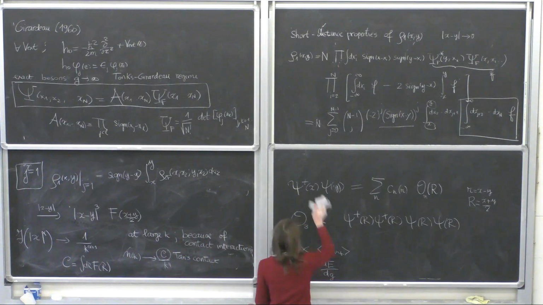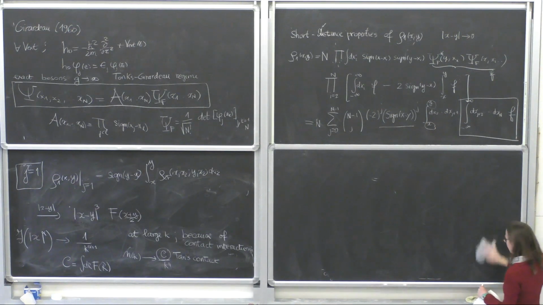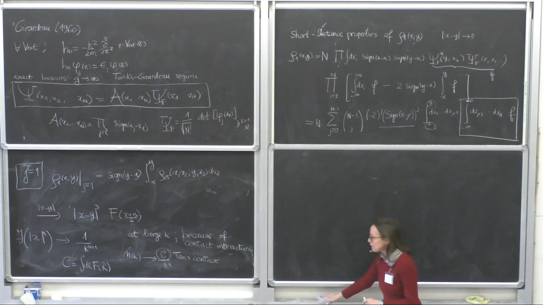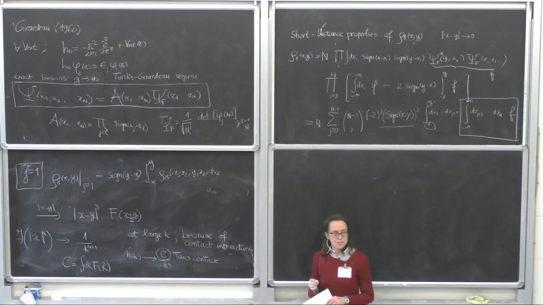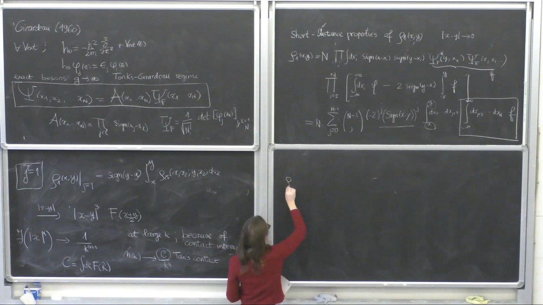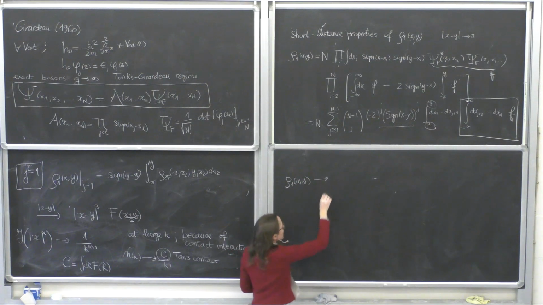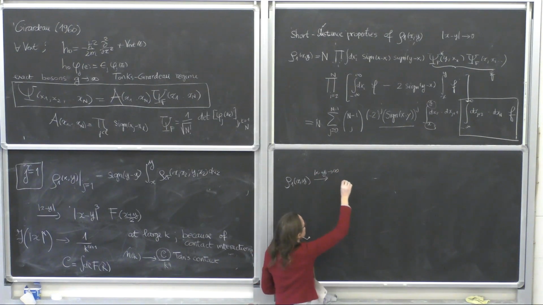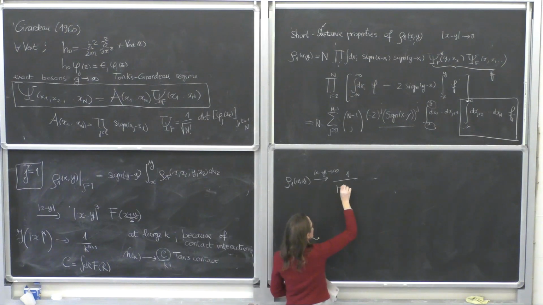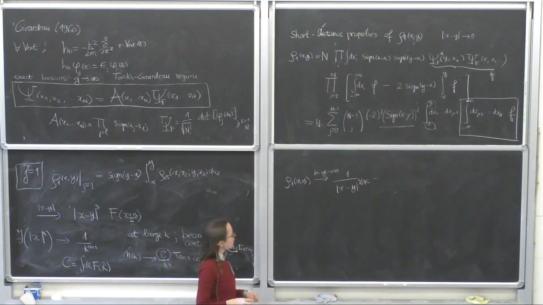Let me now tell you what we know for the smaller k. And this one does not come from our treatment, but we can borrow the result of the Luttinger liquid theory that I announced to you last time. So remember the ρ1 of x,y at large distances, for x minus y going to infinity, behaves like 1 over x minus y to the exponent 1 over 2K, K being the Luttinger parameter.